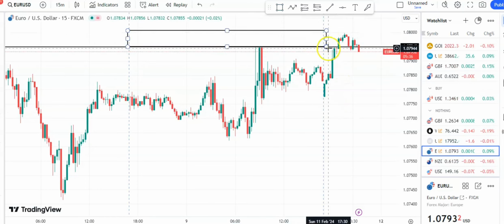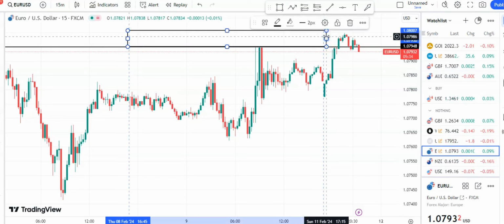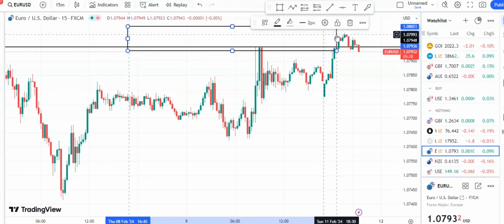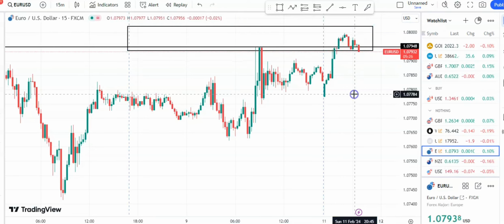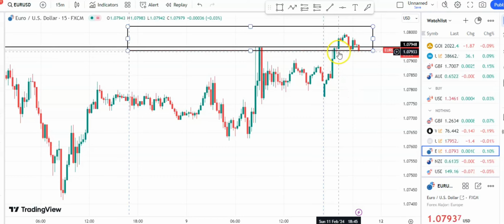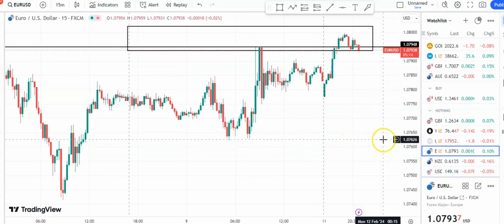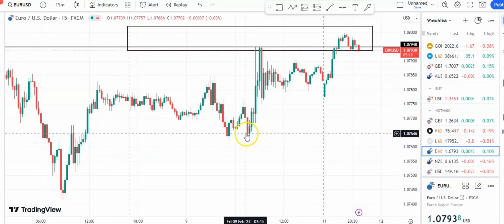If I see pins, I know liquidity. So what I would like to do is wait for price to come back to that level, breakout, like the way it has done here. Breakout. Once we have a breakout, then I know we have a high likelihood of coming back either to the low of the day or the low of the previous day.